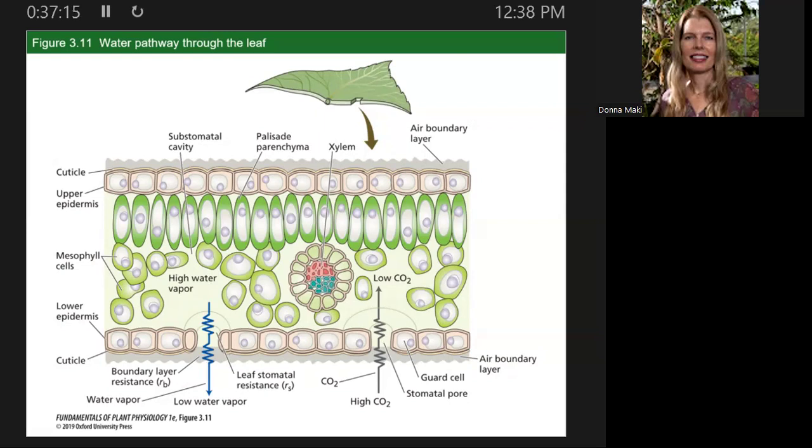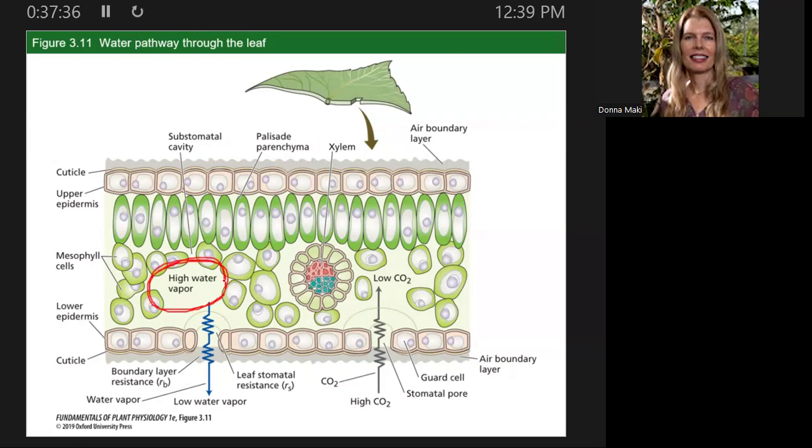Well, do they have it on here? Not really. Okay. So it's important to realize that they just say high water vapor inside the leaf. When they actually do measurements, it's pretty much 100% relative humidity inside the leaf.